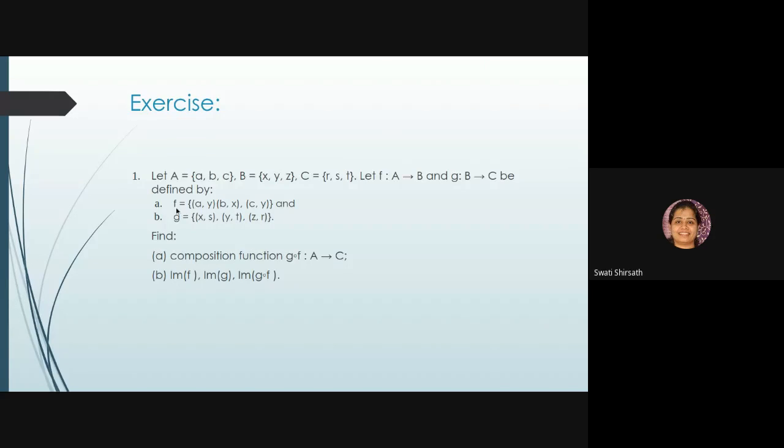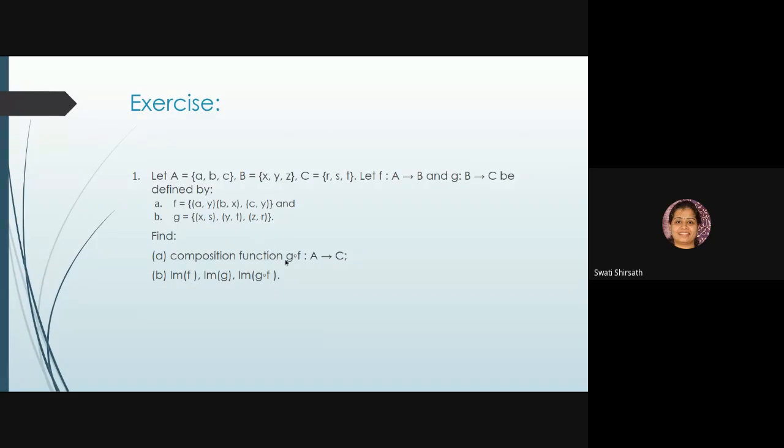See, you have to start from f. Now here the equation is not given, the diagram is not given. So how is this to be calculated? You always start from f because f is your input. If f of g were given, we could have started from g, but now we'll start from f. So we'll consider the first mapping of f. So a to y is there and you have to look for y to something in g. So y to t is there.